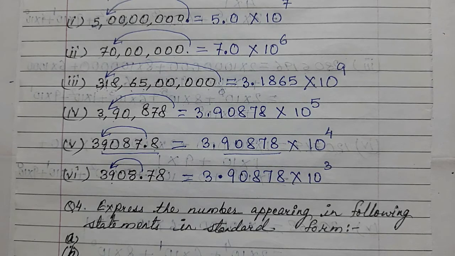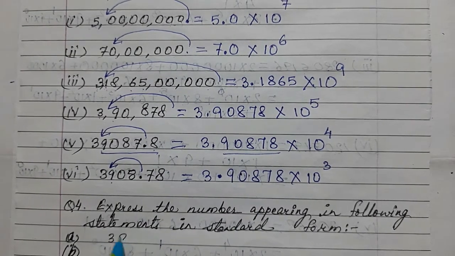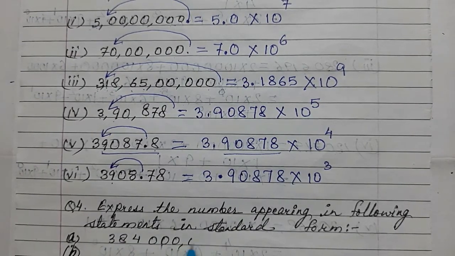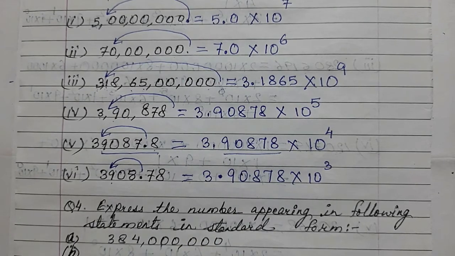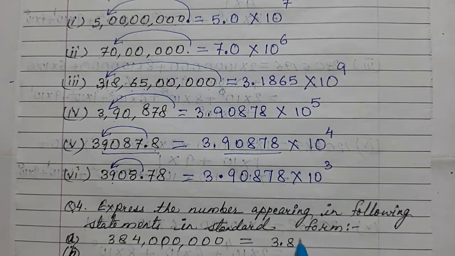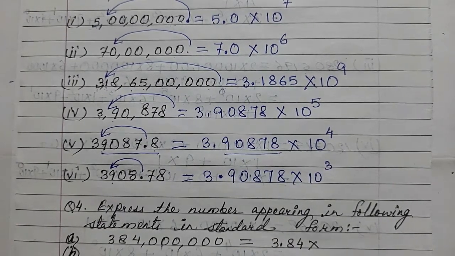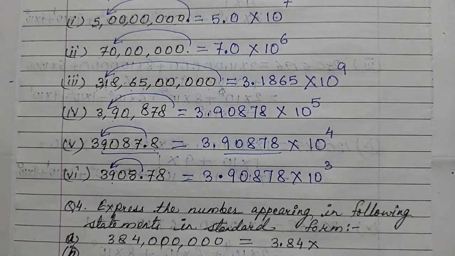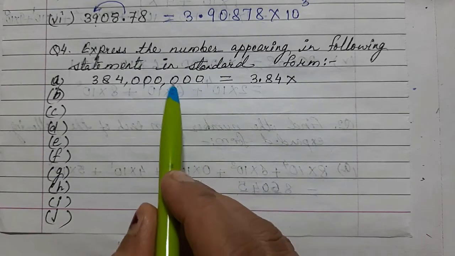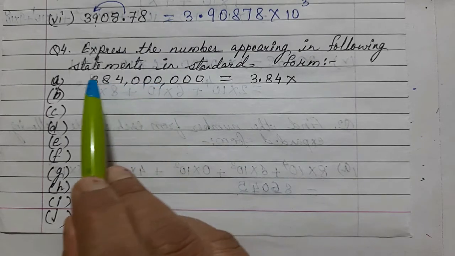So the first one is 3, 8, 4 and 6 zeros. 1, 2, 3, 4, 5, 6. So just in standard form, what should I write? I should write it as 3.84 and decimal comes ahead 1, 2, 3, 4, 5, 6, 7, 8.